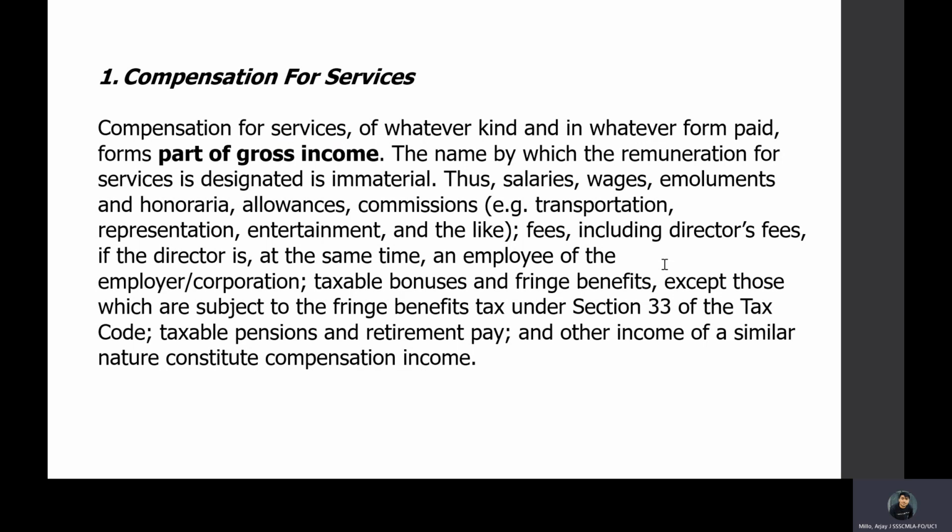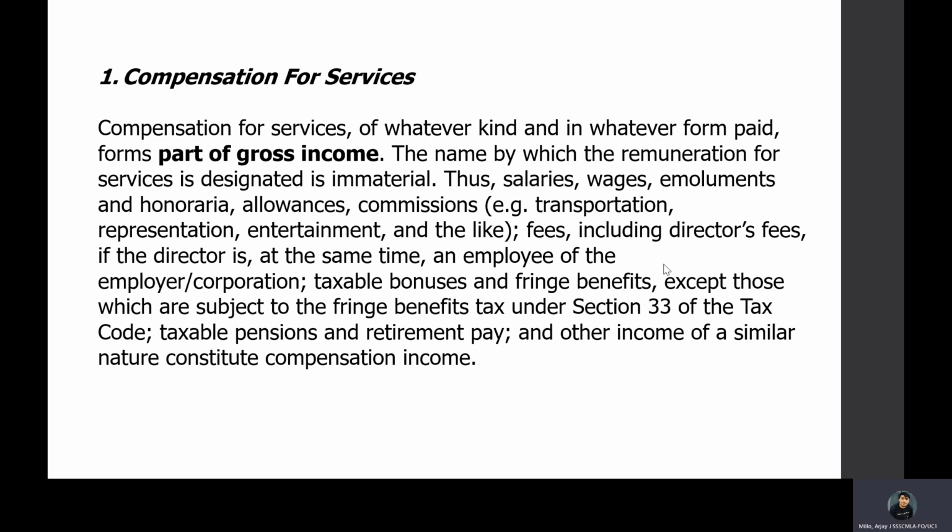So technically lahat ng pwedeng ibigay sa'yo ng employer mo, lahat ng magbe-benefit sa'yo, provided na hindi siya exempted ng special laws, no? It will form part as your gross income. So that's for compensation of services.